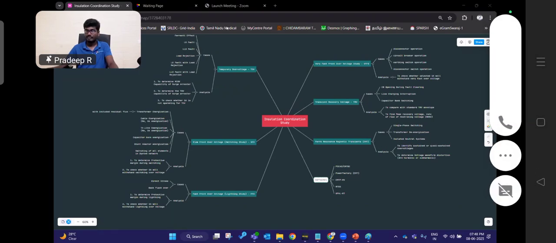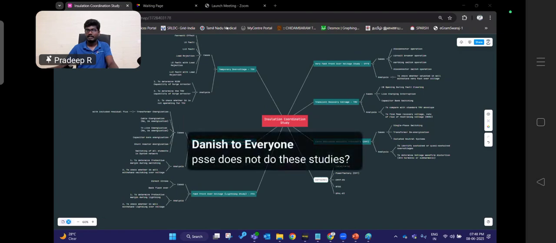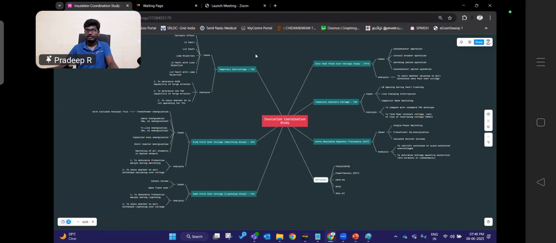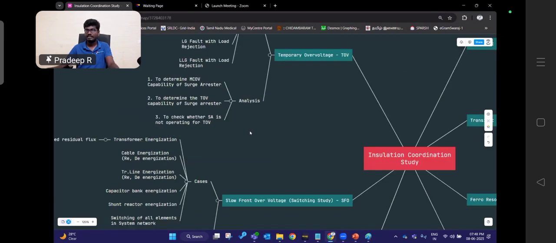We also have to perform our TOV study, going step by step. After that only can we say whether the surge arrester is required or not. Yes, so we can move forward. The surge arrester should not operate for TOV, because the voltage magnitude when it arises will not be that high, unlike switching or lightning.